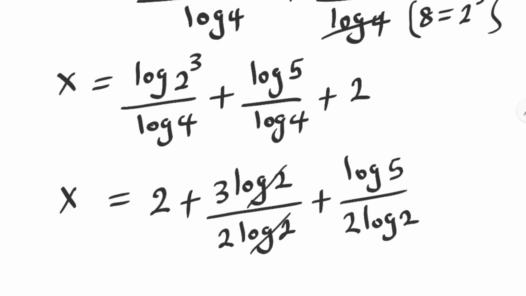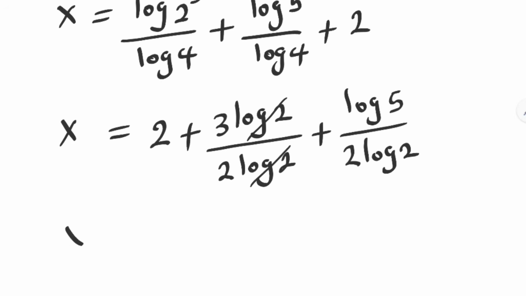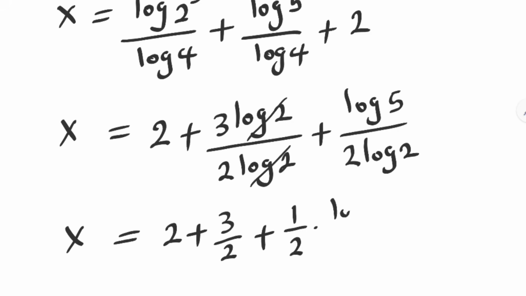This log 2 cancels this log 2. x is equal to 2 plus 3 over 2 plus 1 over 2 multiplied by log 5 over log 2.